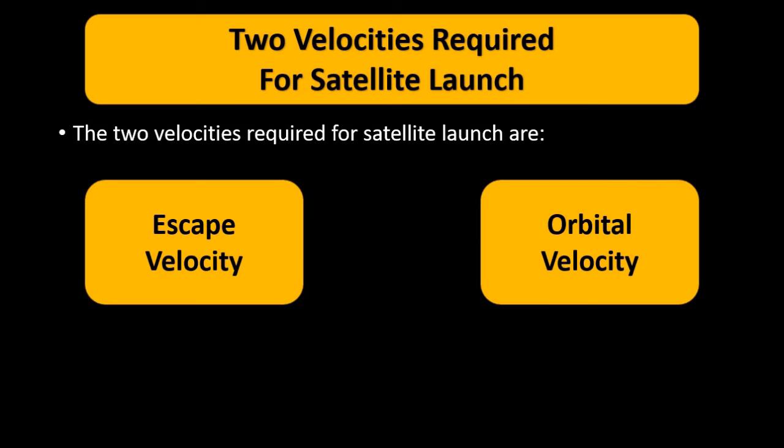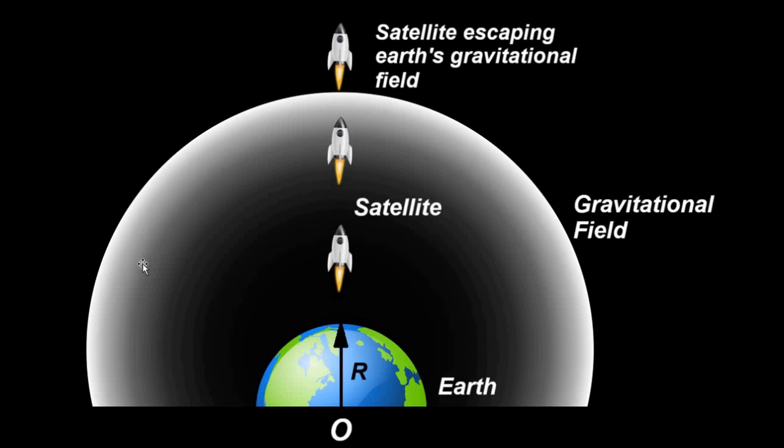So what happens is that depending upon the satellite, the design considerations, its objectives, at what height above the Earth it should orbit, at what distance from the Earth's surface it should orbit around the Earth, at what location it will be launched, depending upon all those things, a suitable initial vertical velocity is given to the satellite.